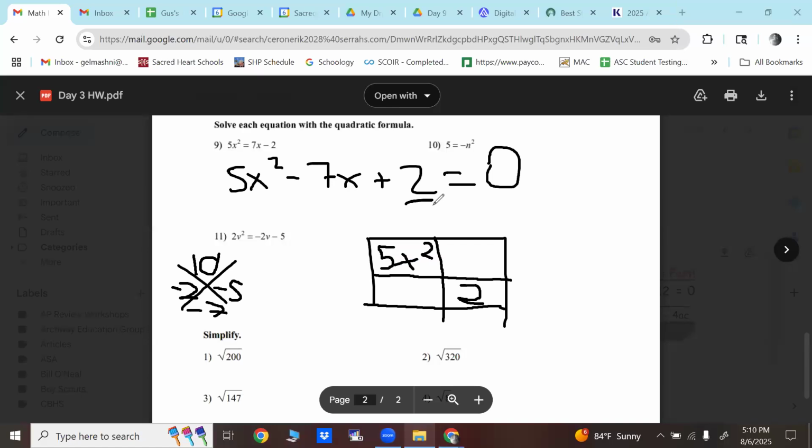So then does 7 go here? You put negative 2x because that's why you split the middle term. You split negative 7x into negative 2 and negative 5. That's right.